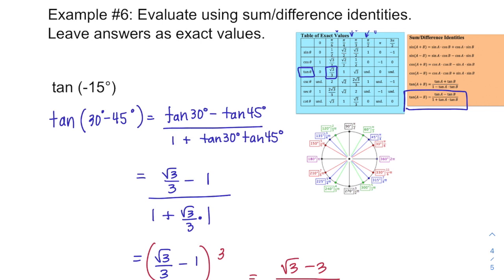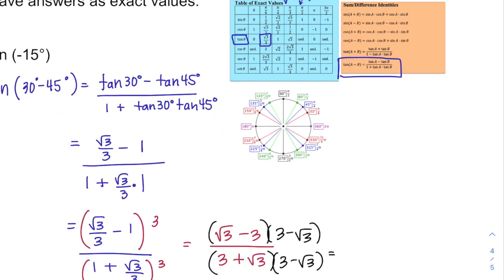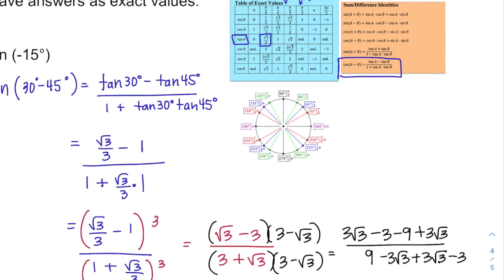Now that'd be great to leave that, but it's not a simplified answer. So the last thing we need to do here is we need to get rid of the radical on the bottom. So I'm going to do 3 minus radical 3, top and bottom. On the top, we get 3 root 3 minus 3 minus 9 plus 3 root 3, all over 9 minus 3 root 3 plus 3 root 3 minus 3.